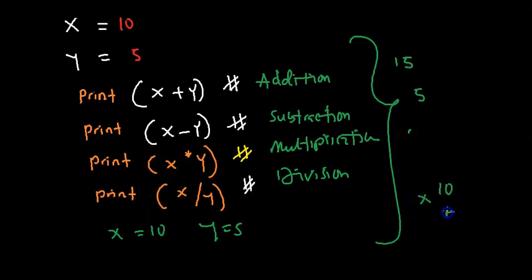Multiplied by y, which is 5, here is going to be 50. And here we have x divided by y, which is 10 divided by 5, which is simply going to be 2. So this is the outcome.